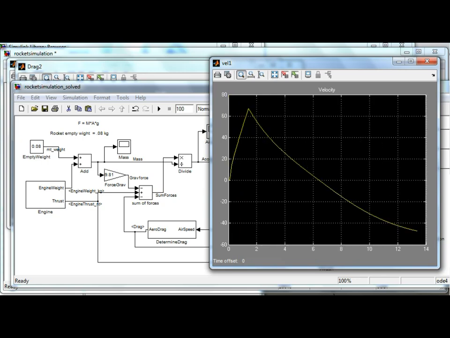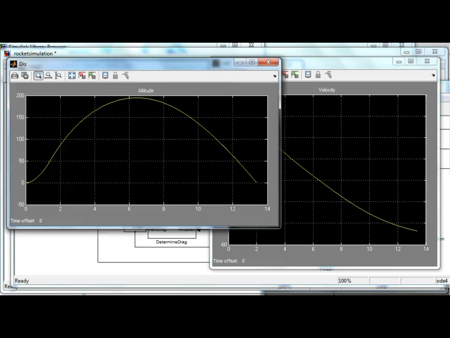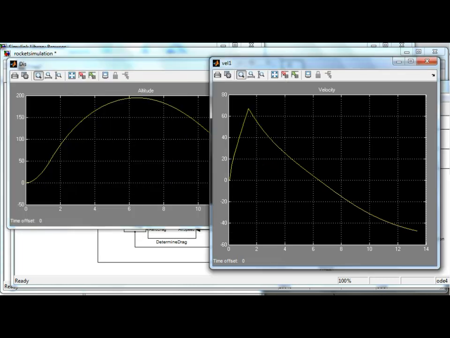So the velocity is increasing, the rocket's accelerating for the first about 1.5 seconds, then the velocity is decreasing but still positive until you get to about a little after 6 seconds, and that would be at the peak altitude. And if I go back to my altitude distance, yeah, this is where the altitude peaked, and now it's coming back down.